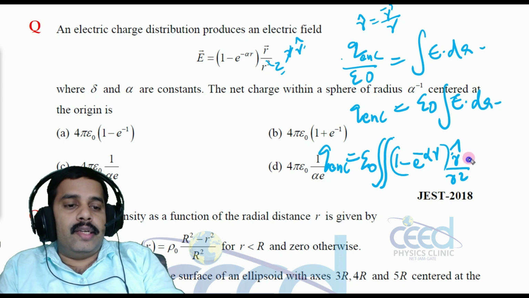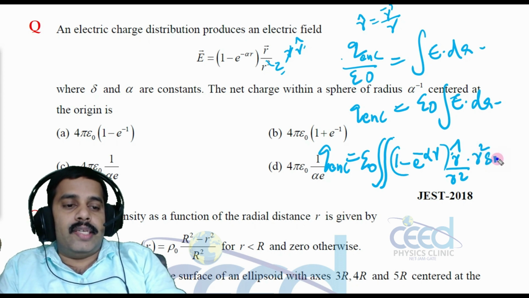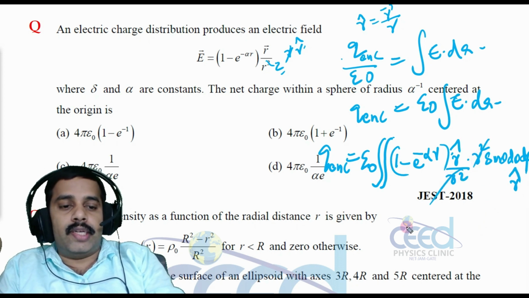And dA using spherical polar coordinates, because it is the net charge within a sphere, is r square sin theta d theta d phi, and this area is along the radial direction. So r cap dot r cap is 1, and this r square and r square will cancel.